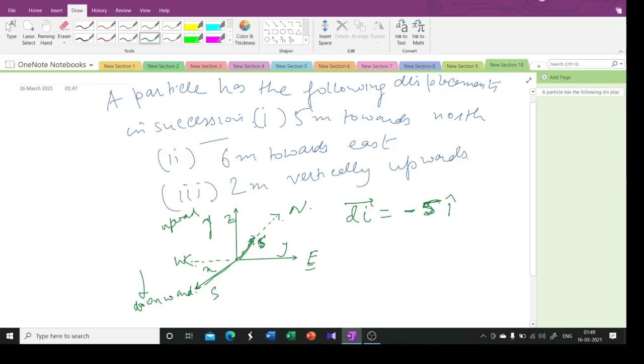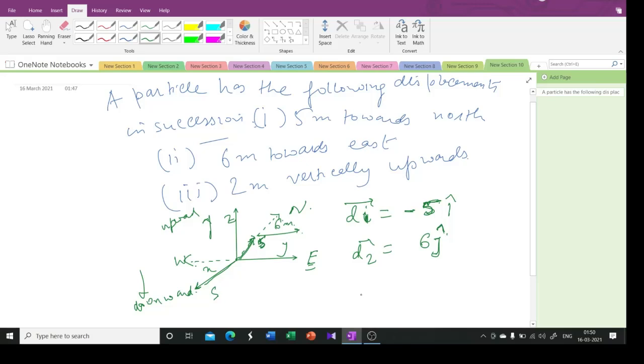Okay, and now what is d2? D2 is said that it moves 6 meter towards east. Now east is along this direction, along y-axis. So what is d2? Easy enough, it's 6, and 6 is the magnitude, and the direction is along positive y-axis, so it's simply 6 j cap.